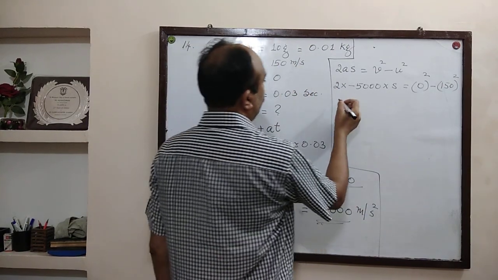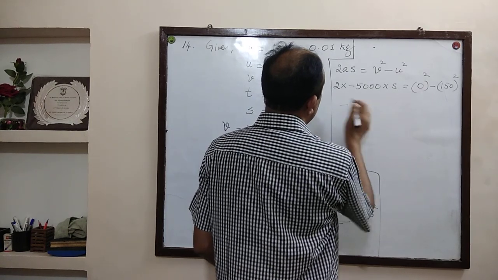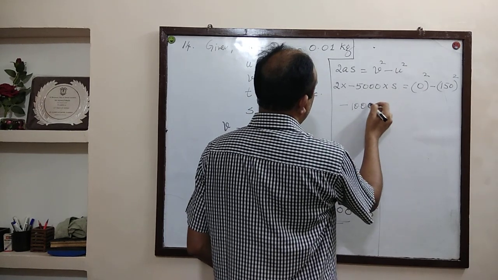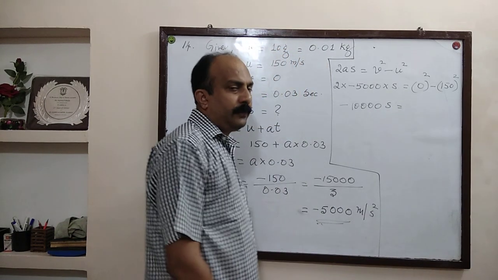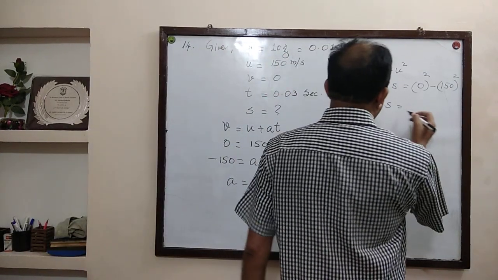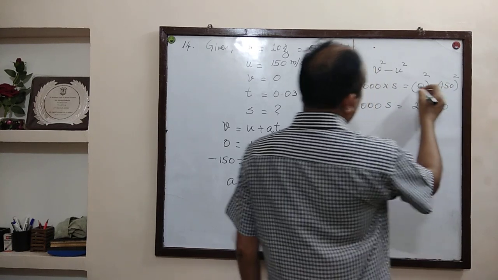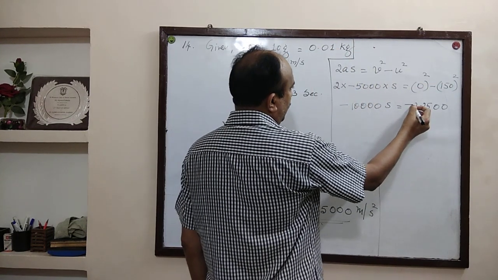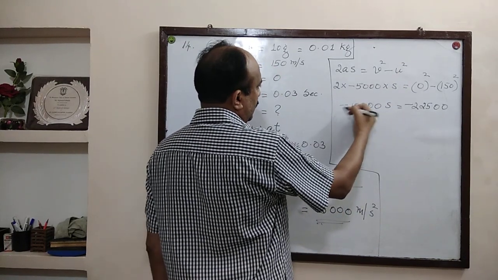So 2 into 5,000, minus 10,000 S is equal to minus 150 square. 150 square is 15 square, 225, 00. But it is 0 minus, so it will be minus. Now minus minus got cancelled.